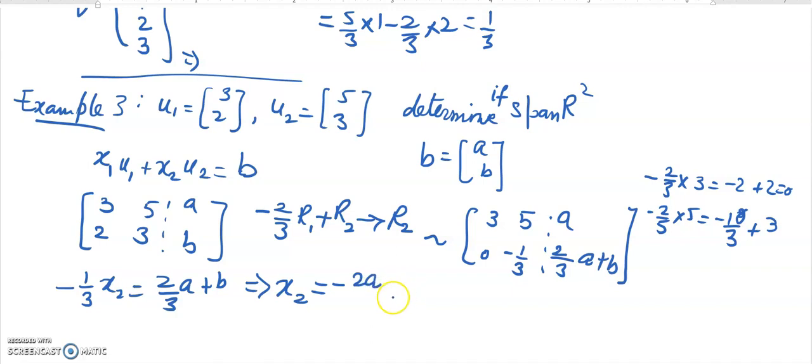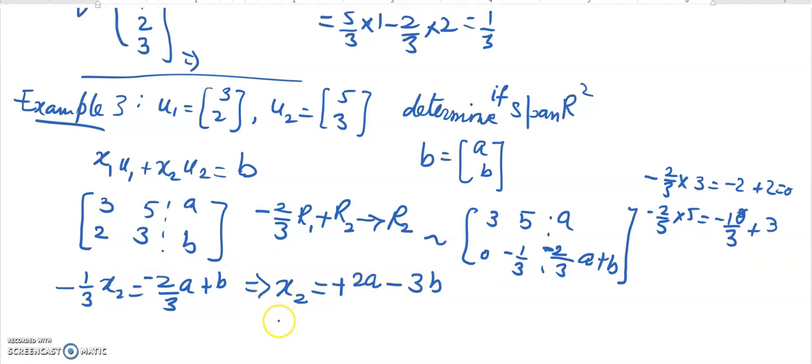If you multiply it by minus 3, it will be 2a minus 3b. There is a small correction because we multiplied by minus 3, so it is plus 2a and then minus 3b. So the value of x2 is 2a minus 3b, in terms of a and b.